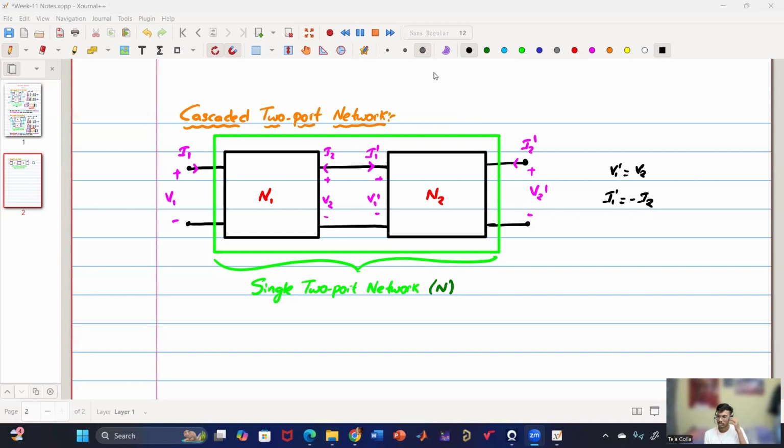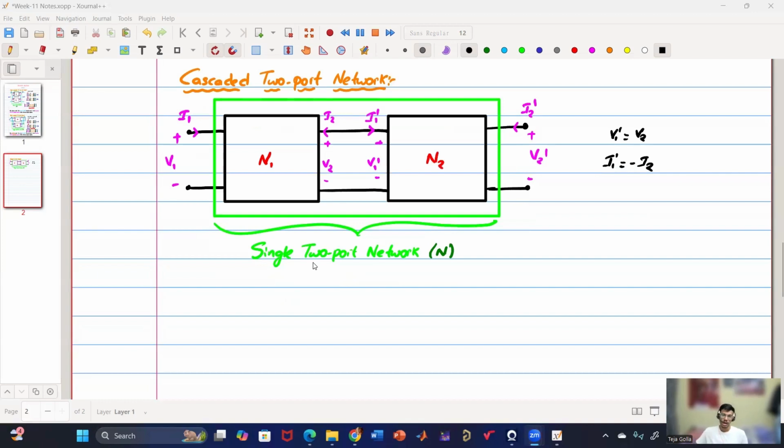Shamita says ABCD and Parvatam also says yes. So yes, ABCD, because the output of one is the input of another port.